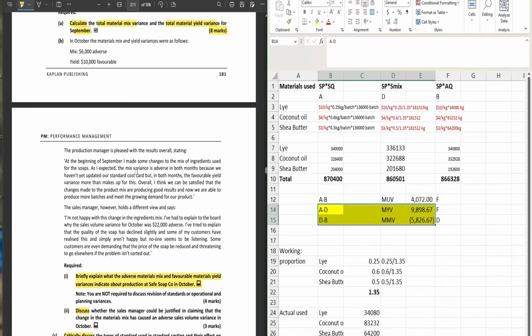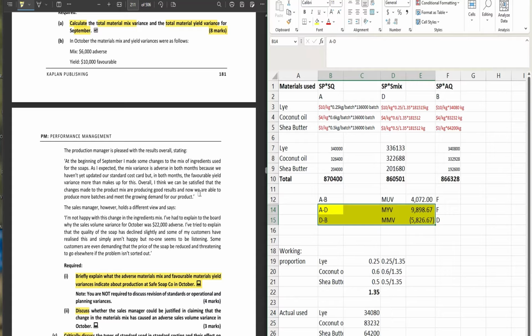As I expected, mix variance is adverse in both months because we haven't yet updated our standard cost card. But in both months, the favorable yield variance more than makes up for this. Overall, I think we can be satisfied that the changes made to the product mix are producing good results, and now we are able to produce more batches and meet the growing demand for our product.